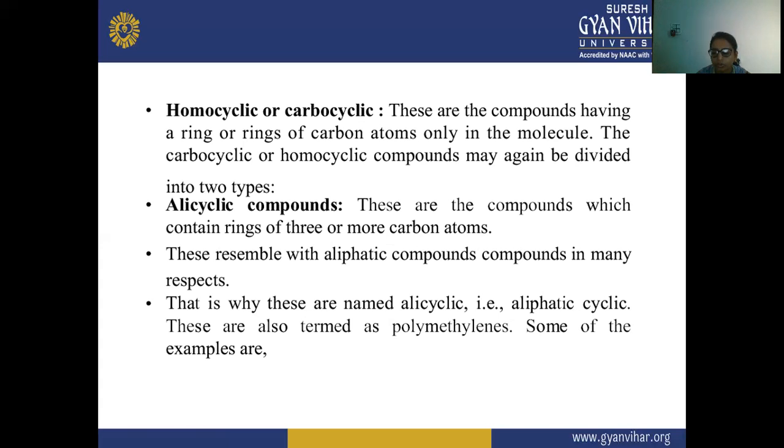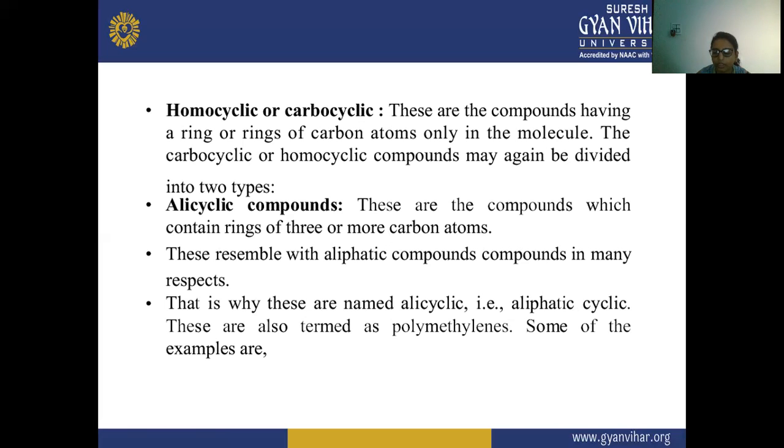First is homocyclic. The homocyclic or carbocyclic compounds have a ring of carbon atoms only in a molecule. And the carbocyclic or homocyclic compounds may again be divided into 2 types: first alicyclic and second aromatic.